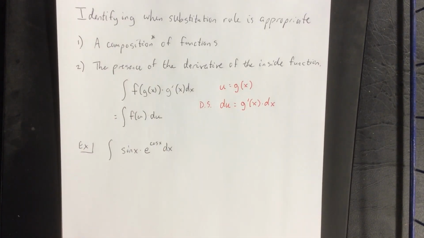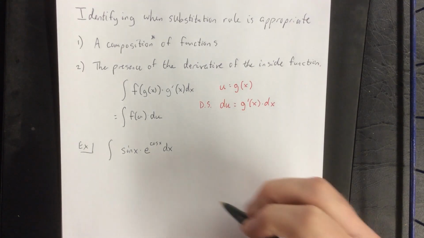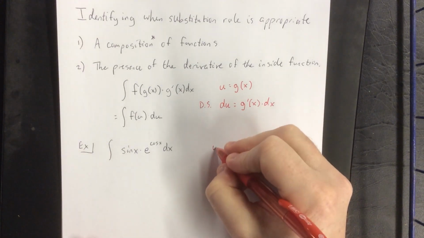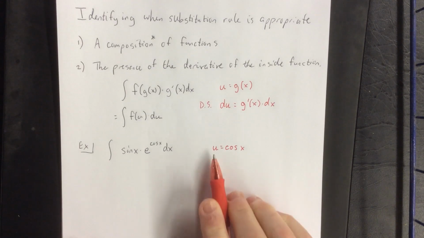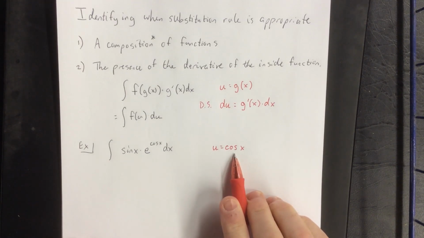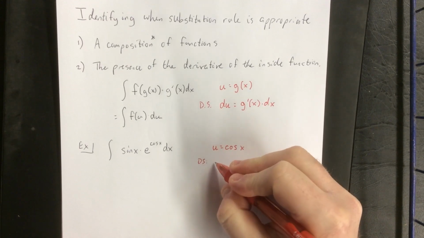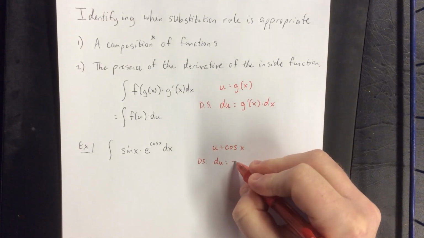The composition of functions that we have in this case would be e raised to the cosine of x power. The inside of those two functions would be the cosine of x. So if I were to propose a substitution for this one, it would be u equals the cosine of x. However, when I do my differential substitution, du would be equal to the derivative of the cosine of x.